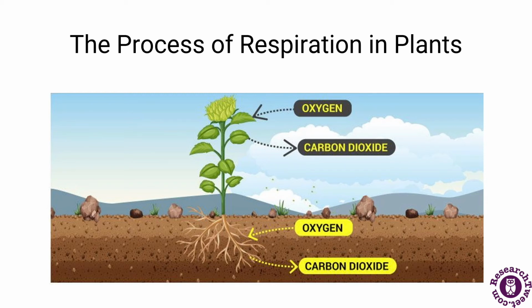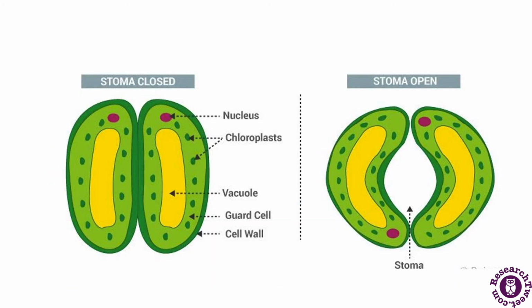This is the reason that we often hear some people warn that sleeping under a tree during the night may lead to suffocation, because at night the process of respiration is taking place, and the trees will release a large amount of carbon dioxide, which leads to suffocation at night time.